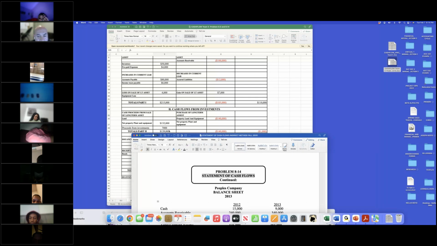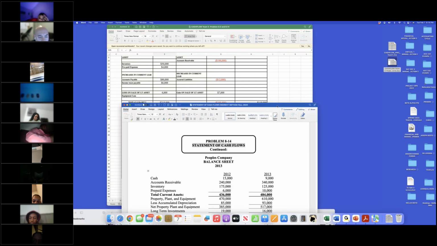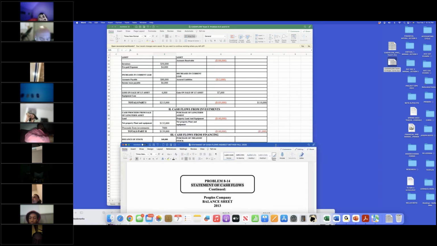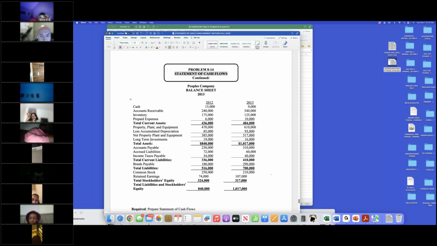Where we got the 14 from the equipment was, we sold the equipment for 20, that cost us 40, and it had accumulated depreciation. That's what kind of threw us off, I think. But let's just get the investments first. If your investments went from 19 to 16, you sold 3,000 of your investments.